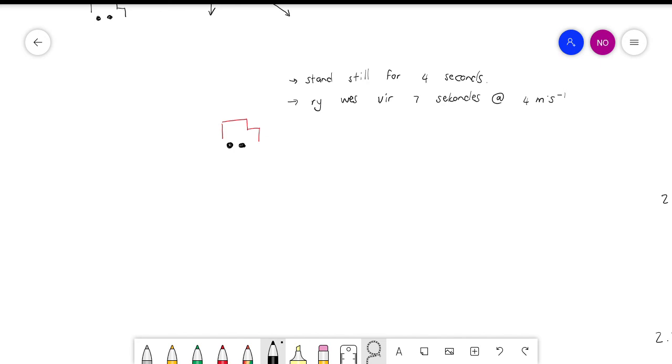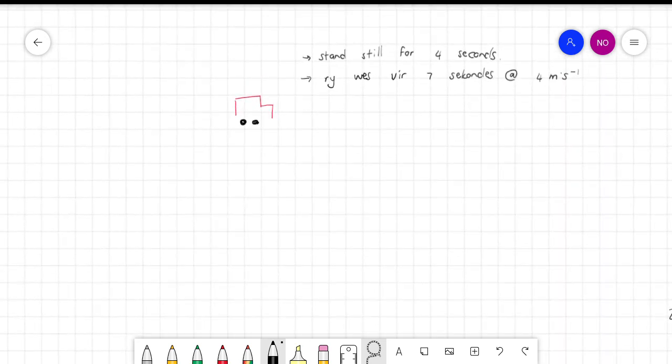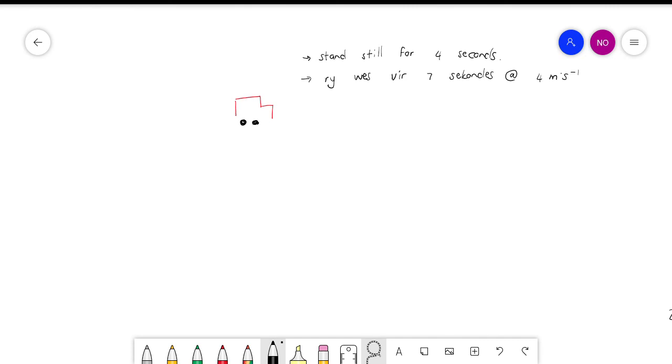Dan ry hy wes vir 7 sekondes teen 4 meter per sekonde. En ek gaan hom eers net tot daar teken, want dan gaan ons eers 'n berekening doen. Okay, goed. So kom ons teken gou sy posisie tydgrafiek.